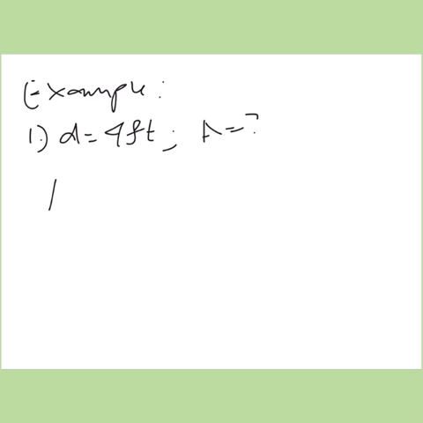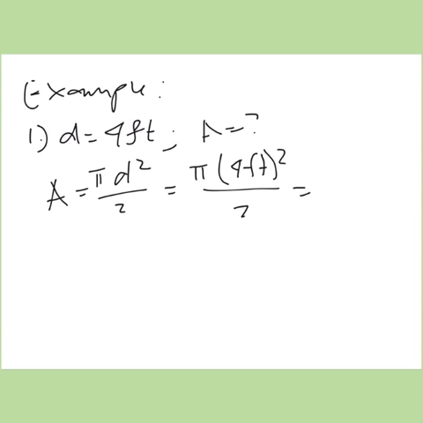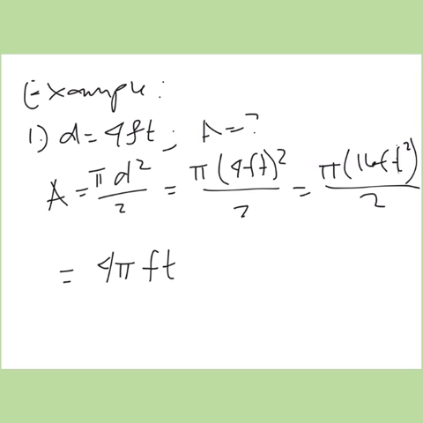Since the given is diameter, we need to use the formula area is equal to pi d squared all over 4, equals pi times the value of our diameter, which is 4 feet, squared all over 4, equals pi 16 feet squared all over 4, which is equal to 4 pi feet squared. And this is now the area of our circle having a diameter of 4 feet.